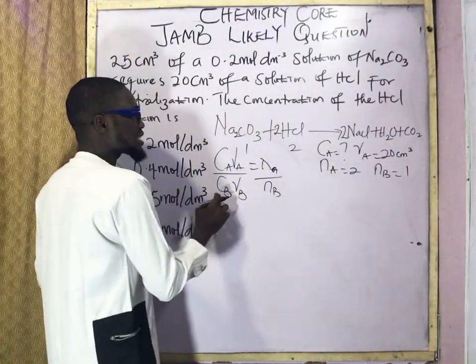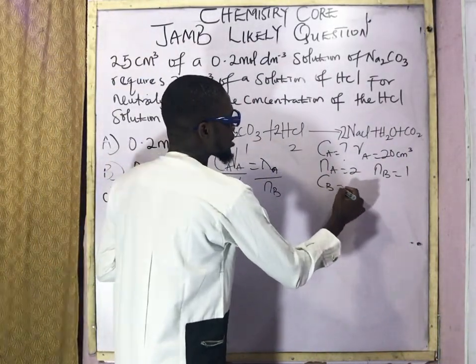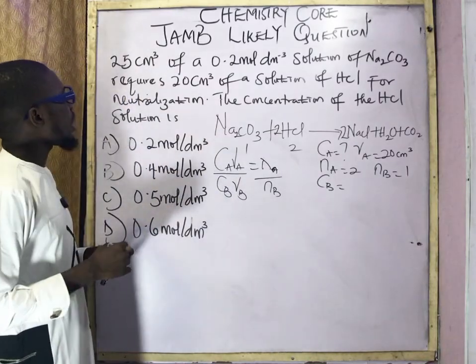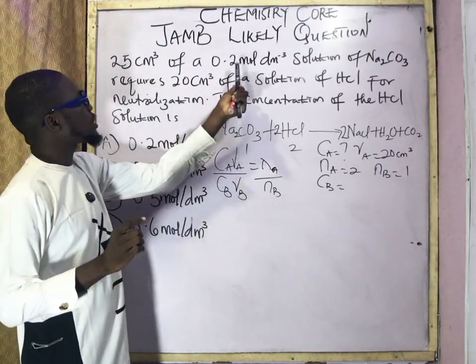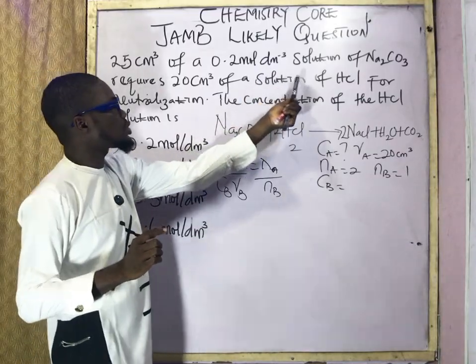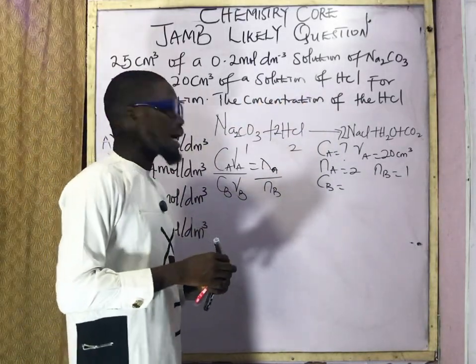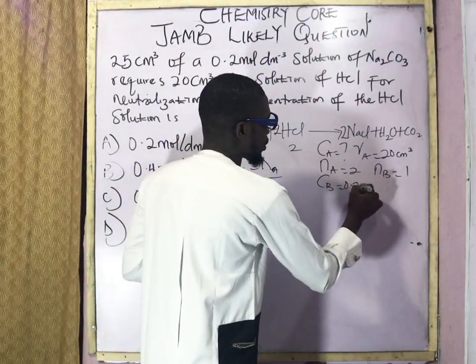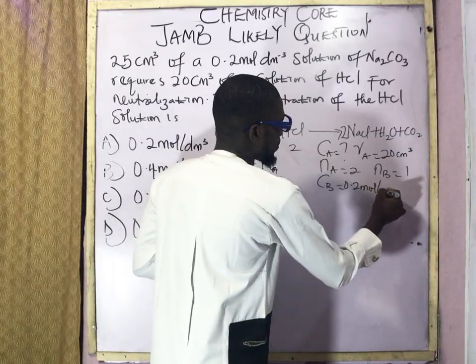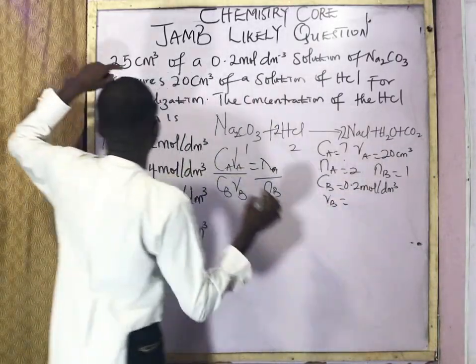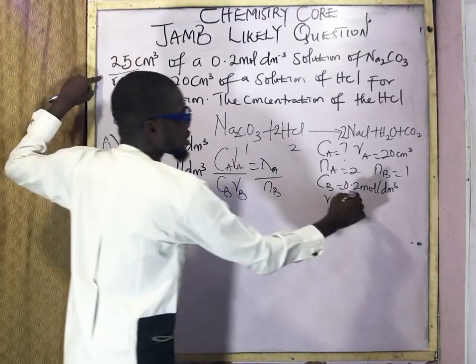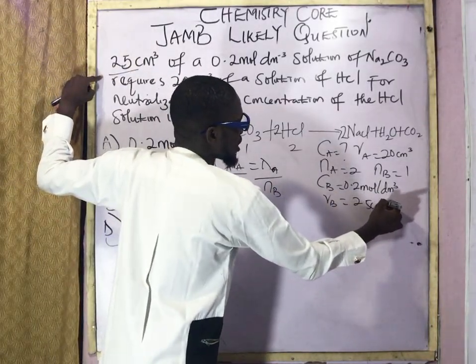So guys, what is the concentration of the base? The concentration of the base is stated clearly in the question, which is 0.2 mol/dm³ solution of sodium carbonate. Then the volume of the base is what? 25 cm³.